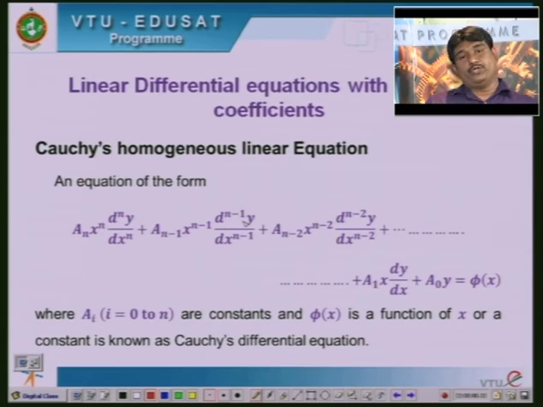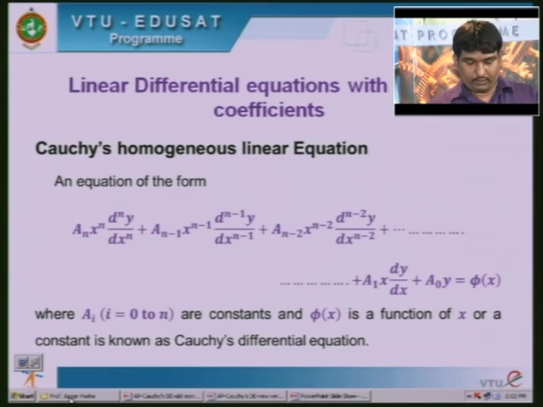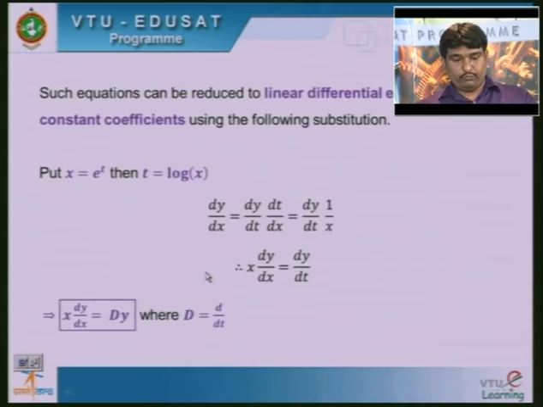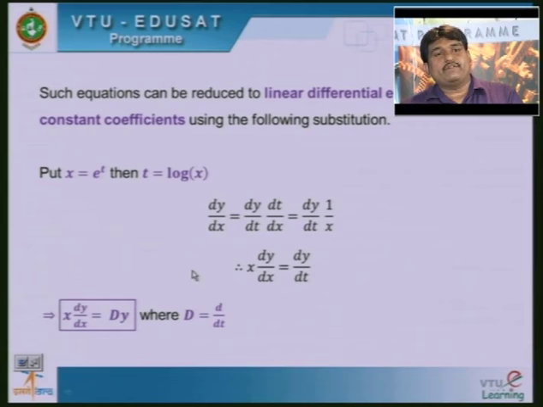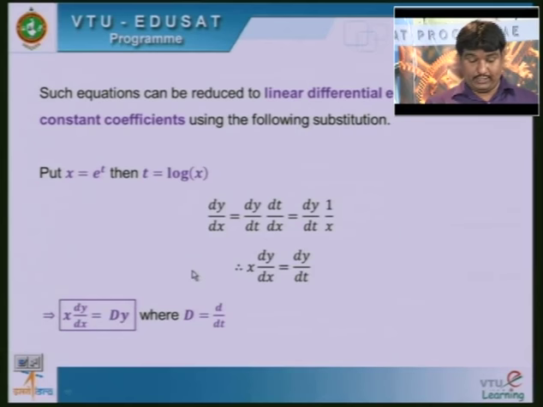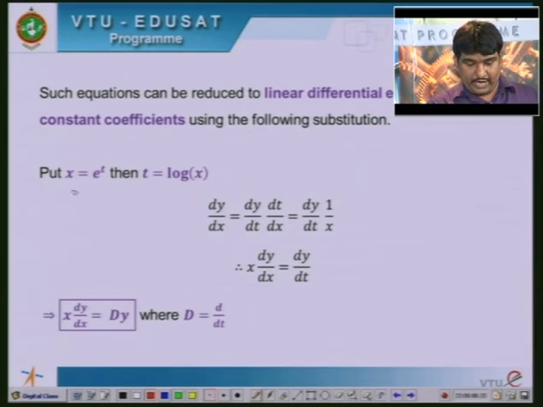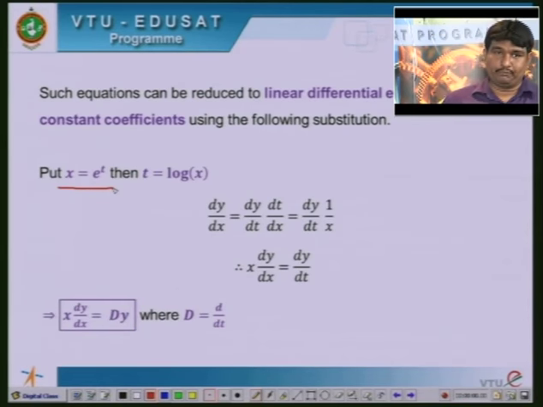Now, how do we reduce this differential equation to one with constant coefficients? You can do it using the substitution x equals e to the power of t.